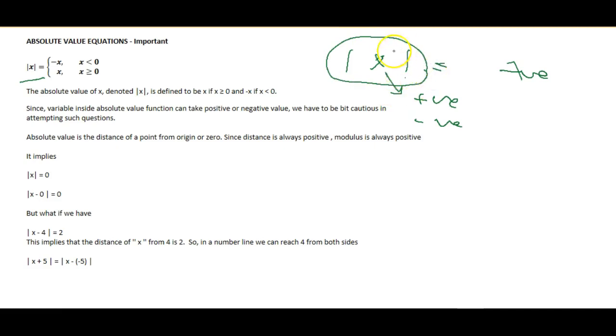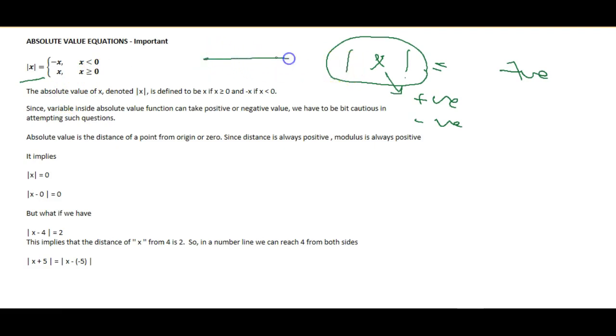But when we are talking about the value of x, then we have two possibilities: it can be a positive value of x or a negative value of x. So if I define absolute value, then modulus of x can be equal to minus x or x for two sets. The first is x less than 0 and the second is x greater than or equal to 0.